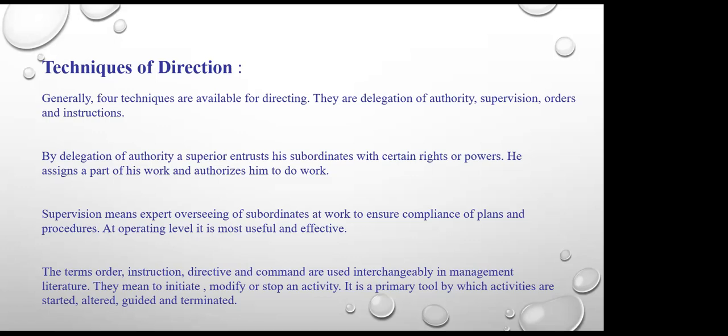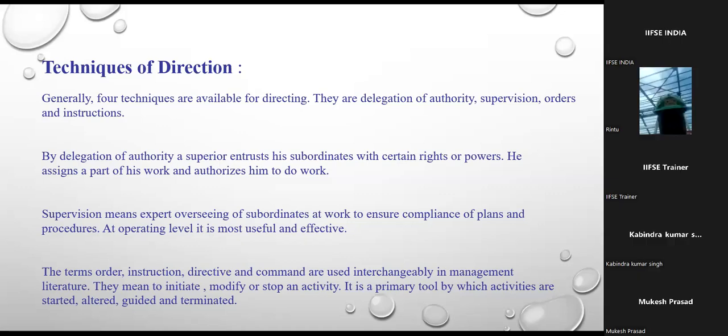Supervision means overseeing the work and ensuring compliance of the plans and the procedures, which means as per the production plan, whether they are working on it or not, or whether they are working as per the procedure or not. They used to check. And at operating level, it is most useful and effective.